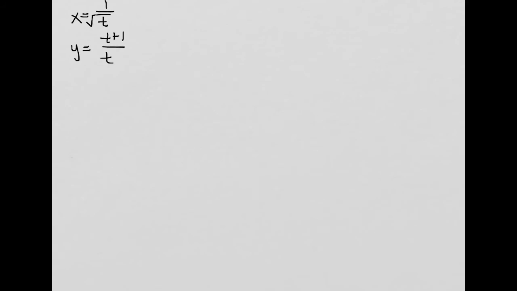All right. Again, we're going to use the same process. We're going to solve for t in terms of x. To do that, I'm going to multiply both sides by the square root of t to get that t out of the denominator.